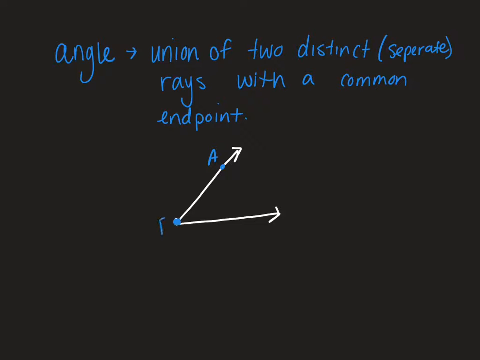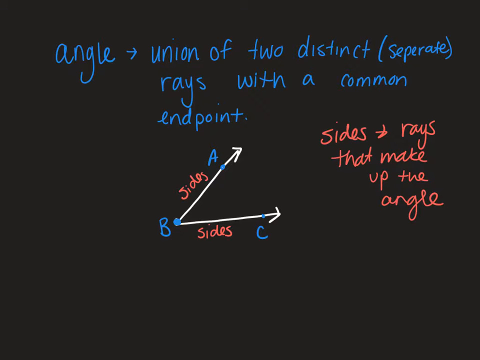So we have A, B, C. All right, so the two rays are known as the sides. So the sides are the rays that make up the angle. And then we have the vertex of the angle, which is the common endpoint.